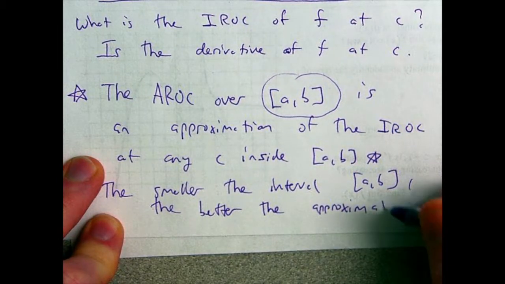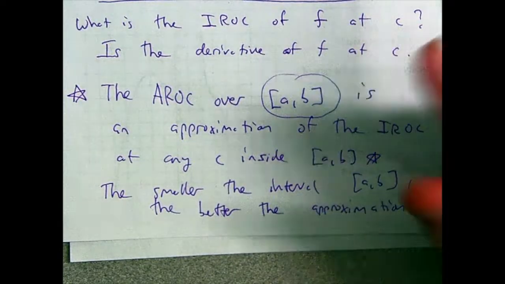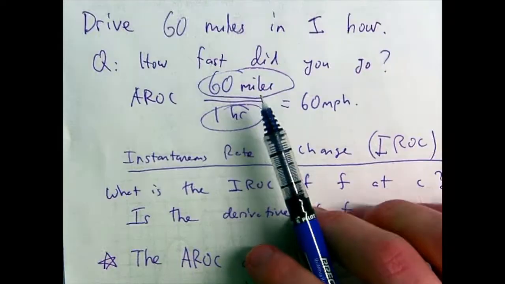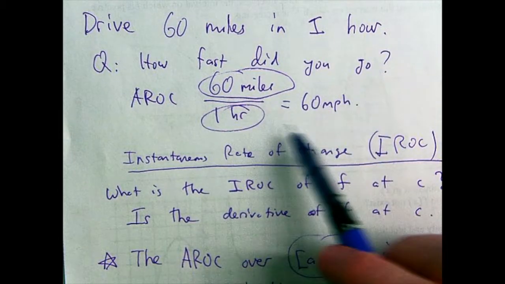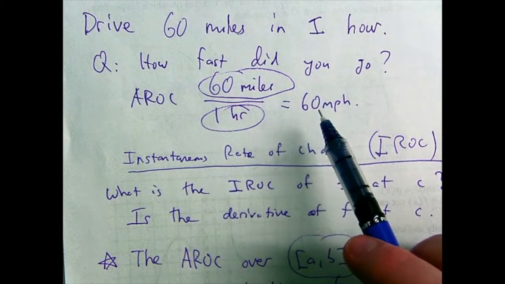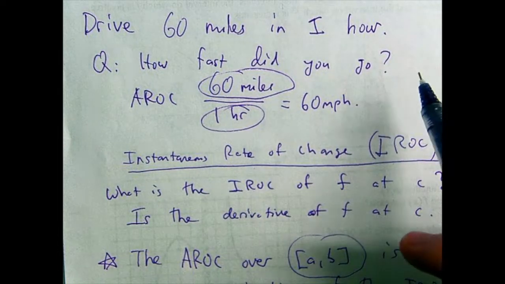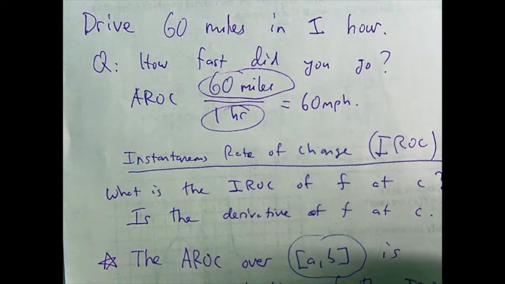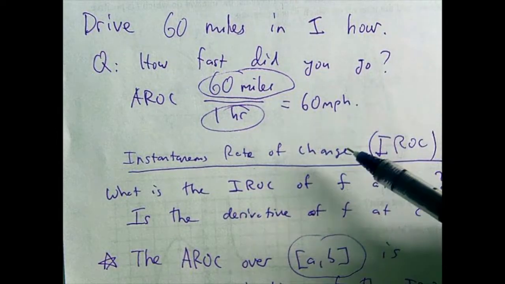Okay? And, just to make this clear, let's return to our example of the car. If you go 60 miles over 1 hour, that's your average rate of change. In some sense, that is an approximation of how fast you are going in one moment over your trip. It's an approximation of what your speedometer was reading during all the times during your trip.